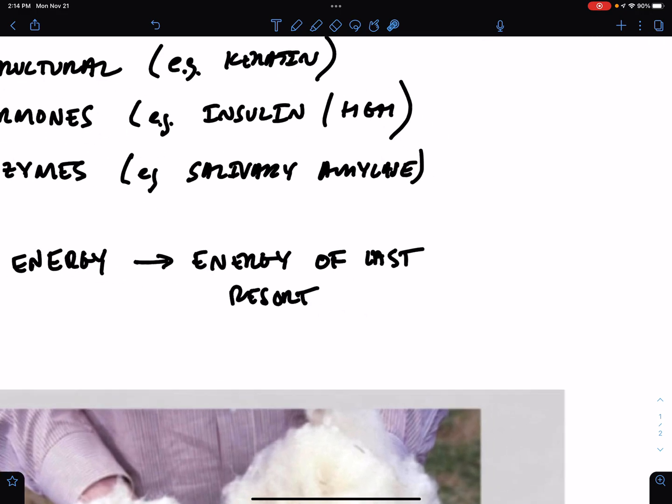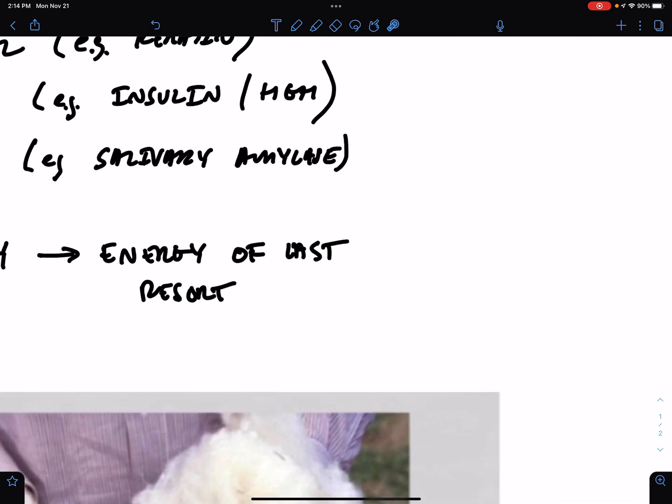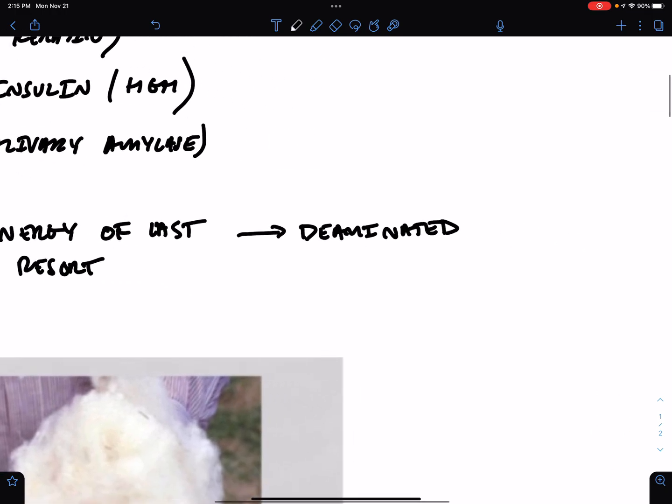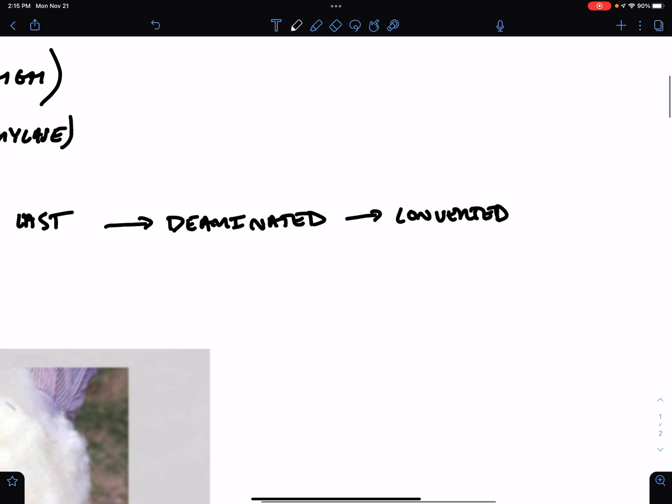If you eat a lot of extra protein, that protein is going to be deaminated and peed out, and it's going to be converted to a compound that enters the citric acid cycle. I'm giving you too much information here.